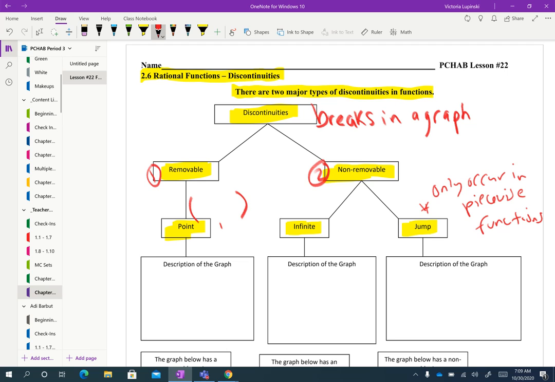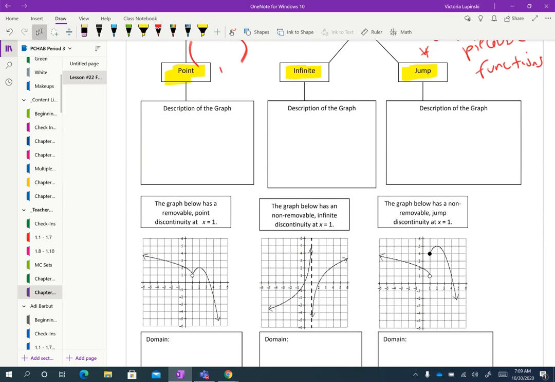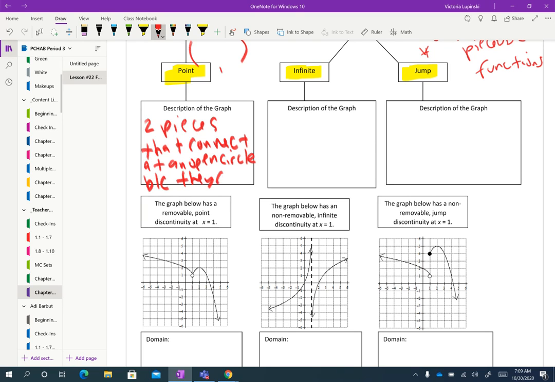Now that you have a little visual of what's happening in terms of discontinuities, let's talk a little more about what is actually happening at the graph there. When you're talking about a point discontinuity, what you're saying is that the two pieces are connected at an open circle because they approach the same y value.